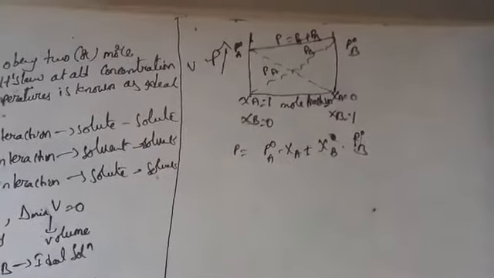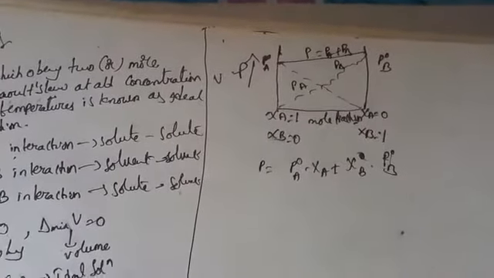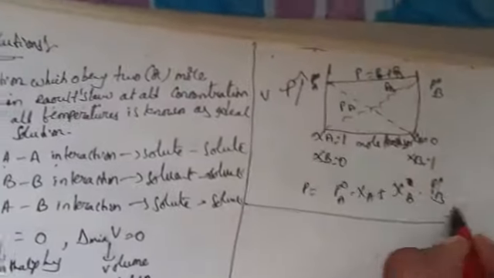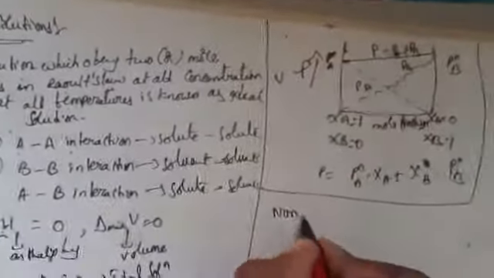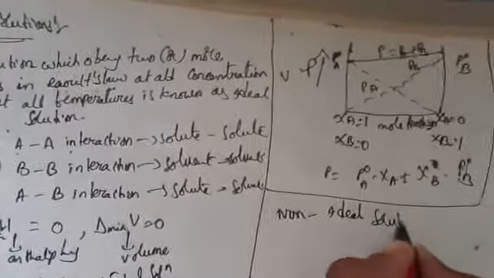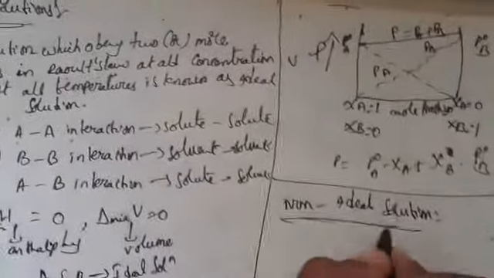This is the way ideal solutions are described. The next one is non-ideal solutions. What do you mean by non-ideal solutions?